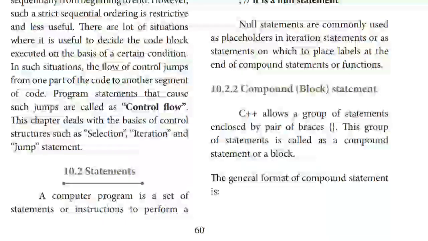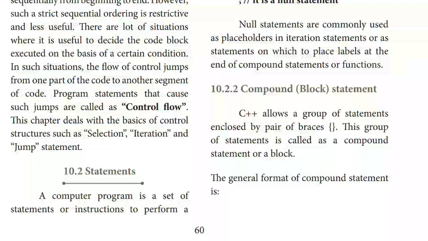Next is the compound or block of statements. Two or more statements are combined to form a small block of statements. In a key chain, many keys are bound together to form a bundle of keys.